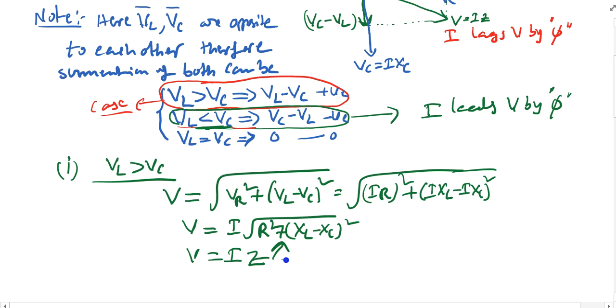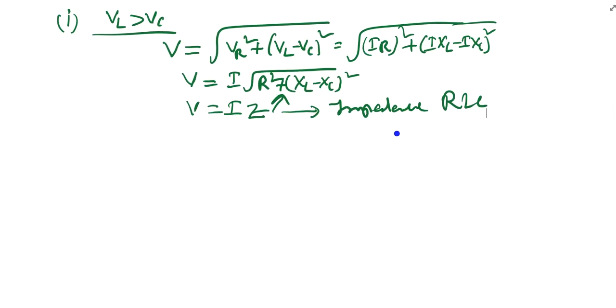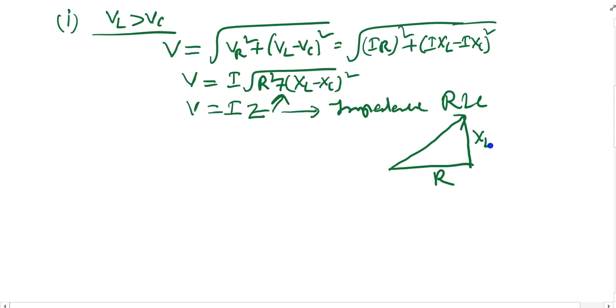where Z is nothing but this one. This is called the impedance of the RLC circuit. And if you want to draw the impedance diagram, this is what the impedance diagram will look like: R, this is XL minus XC, and this is my Z, where this is the angle phi.